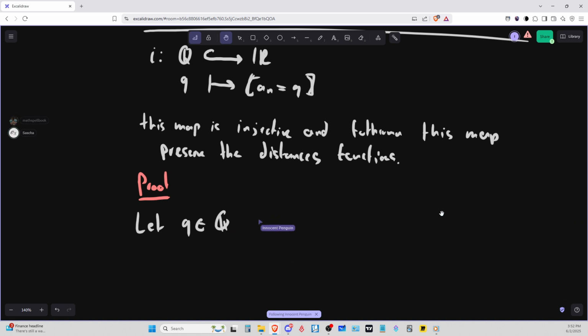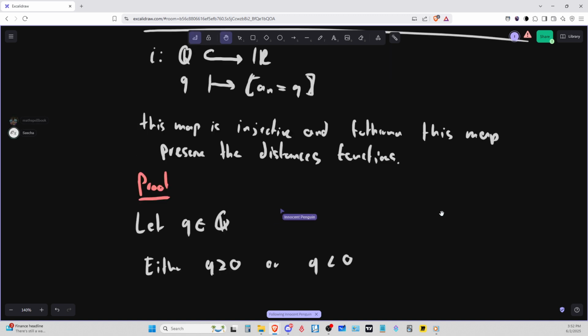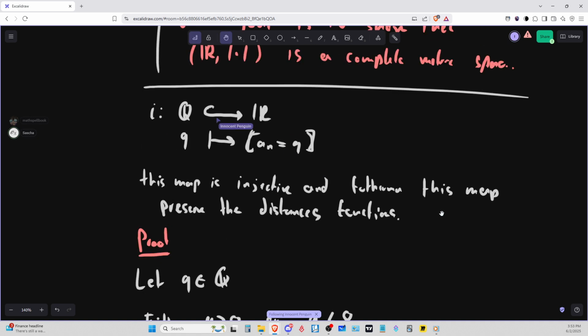I guess we have two cases: either q is non-negative or q is negative. I'm not sure it was really necessary to split it in two cases, but let's do it like that. It's going to be a little bit more clean.